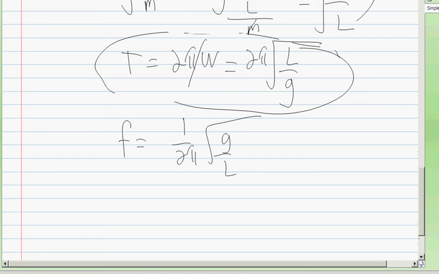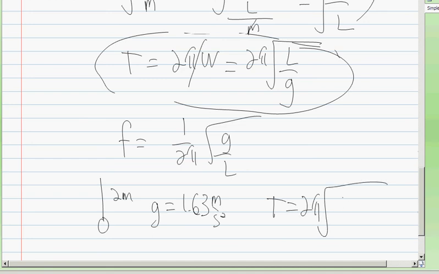So if you have a pendulum of 2 meters on the moon, where g is 1.63 meters per second squared, we can find the period pretty easily. It's just 2 pi times the square root of 2 over 1.63.